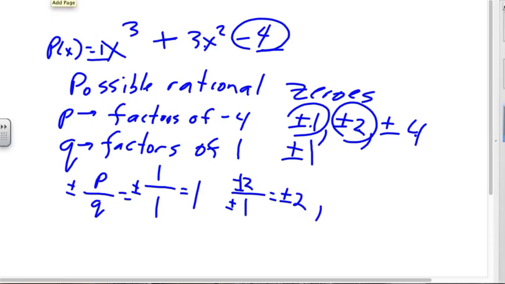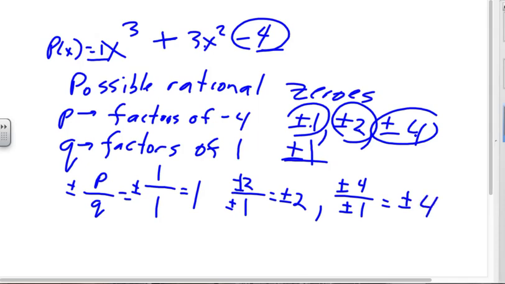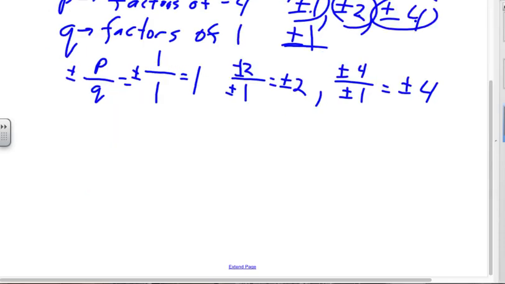And then the last one will be this one over that, which will be plus or minus 4 over plus or minus 1, which is plus or minus 4. So there are my possible rational zeros. So the question is, how do you find out which ones really are zeros?